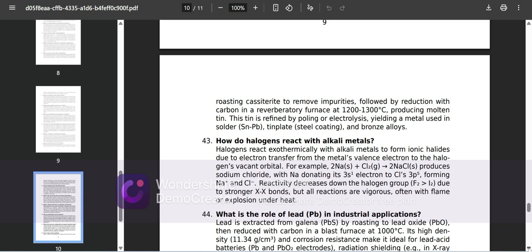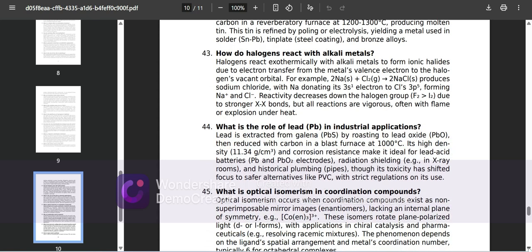This tin is refined by boiling or electrolysis, yielding a metal used in solder, tin-lead, tin plate as steel coating, and bronze alloys.